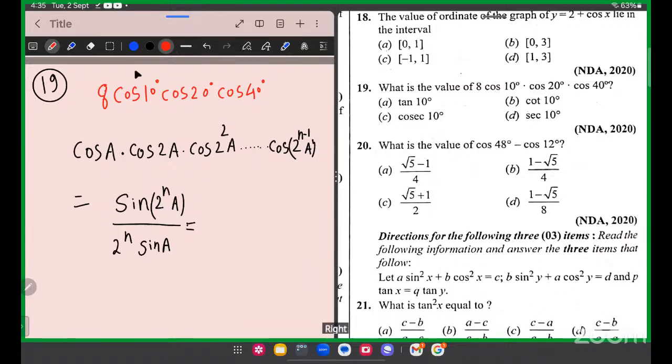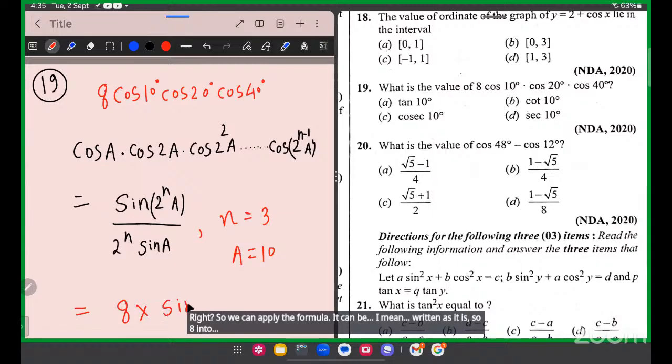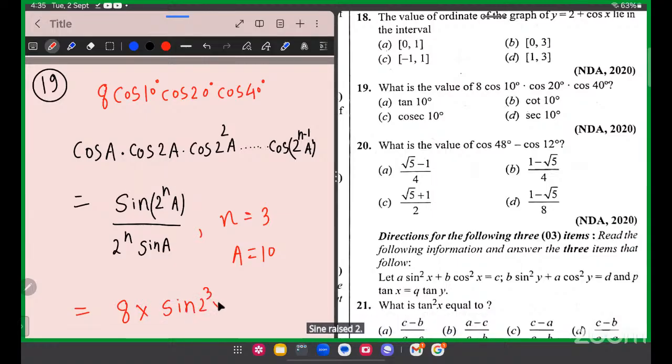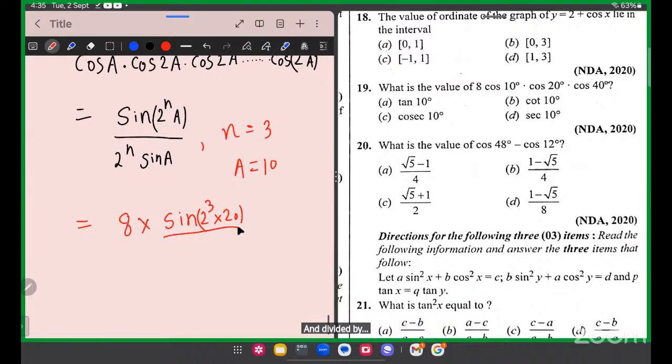Right? So here, if you see in this question, how many terms are there? 3 terms. A is 10, right? So we can apply the formula. 8 can be written as it is. So 8 into sine 2 cube into 20 divided by 2 cube into sine 20.